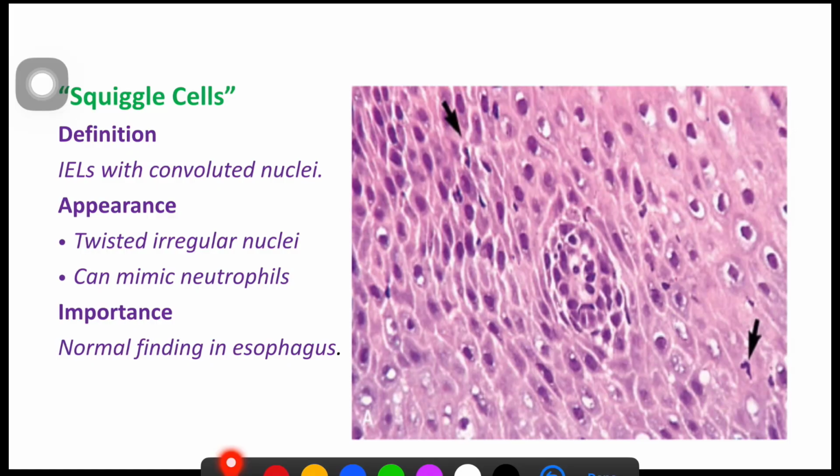Now, squiggle cells. Squiggle cells are intraepithelial lymphocytes with convoluted nuclei.